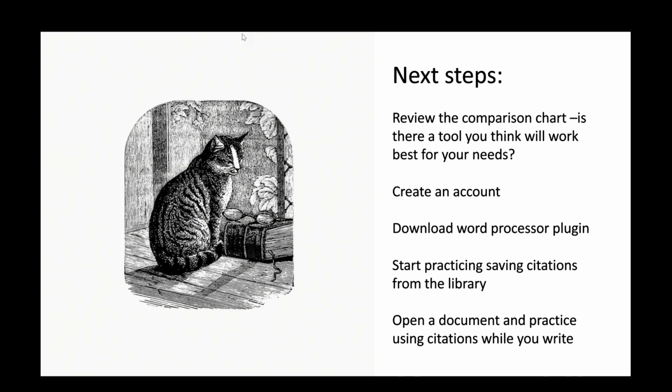And then go ahead and open a document and practice using citations while you write. There is a little bit of a learning curve with that, so try some different citations, use the parenthetical, if you're using a quotation or paraphrasing, and see how that works. So do a little practice.